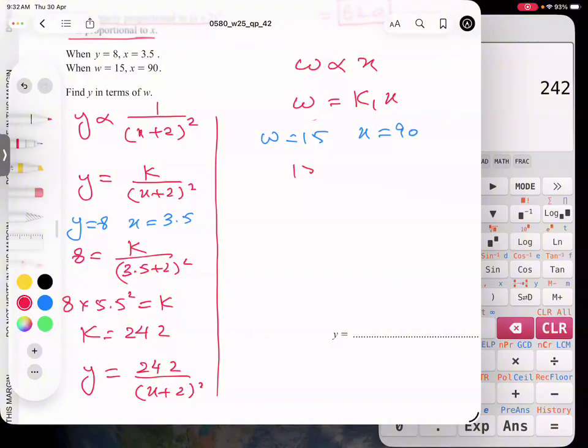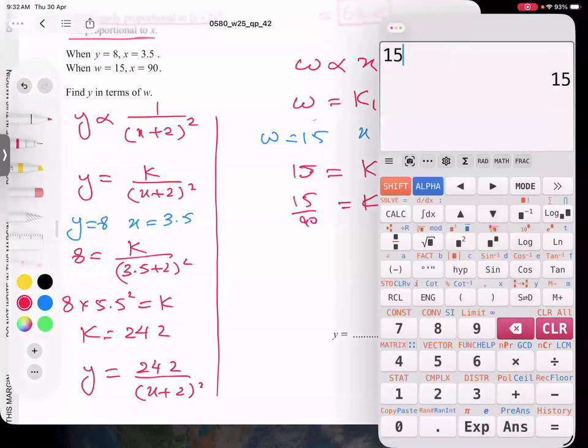I'm going to plug in the values: 15 equals k1 times 90. This is clear. And now I'm going to bring this under it. So 15 over 90, and you know very well, 15 divided by 90 will give in fraction form 1 by 6. So it means k1 becomes 1 over 6.